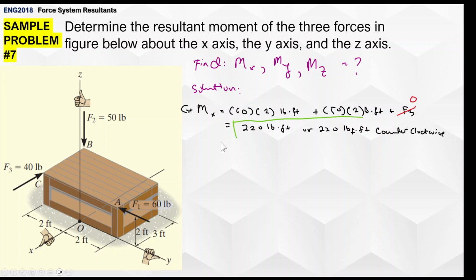The answer is going to be 220 pound-force feet counterclockwise. Just don't forget the word counterclockwise, and then the arrow. There we go.